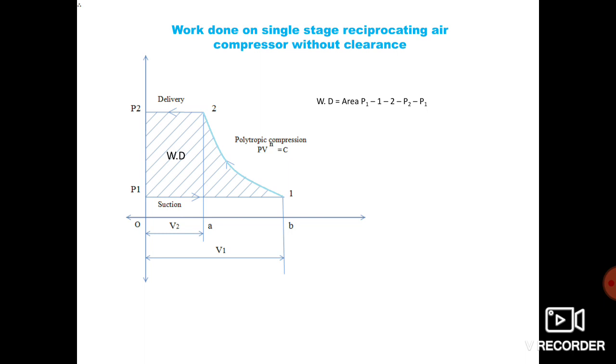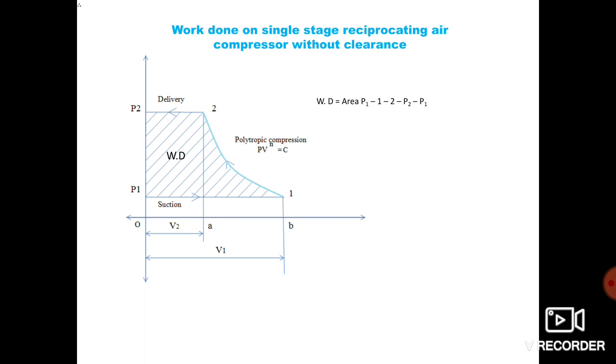Now in order to get this area, we can split the area into 3 parts. So the first part is area O, A, 2, P2, O. This is the first rectangle we have considered.